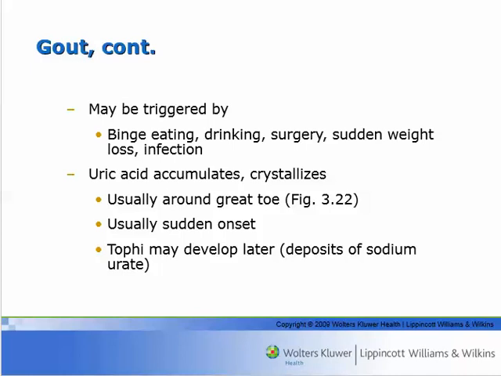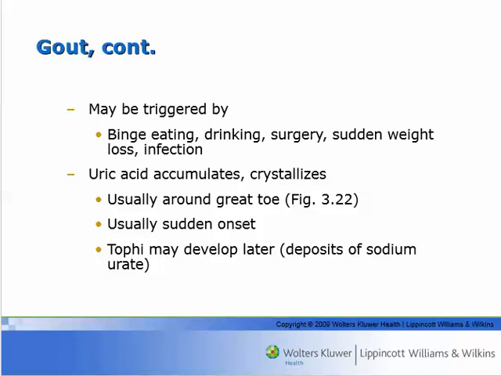So, what causes uric acid to go up? Uric acid is really from the metabolism of proteins, of alcohol, that kind of thing. A lot of fats will do it. So sudden weight loss, binge drinking, binge eating will do it.